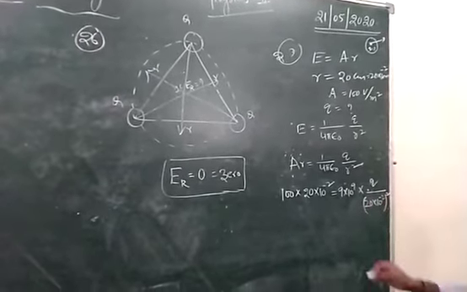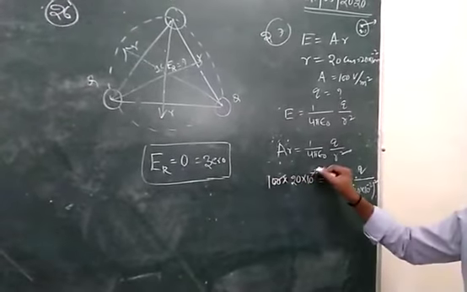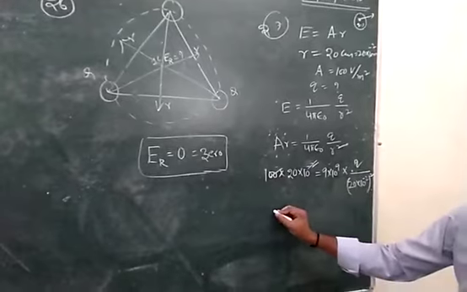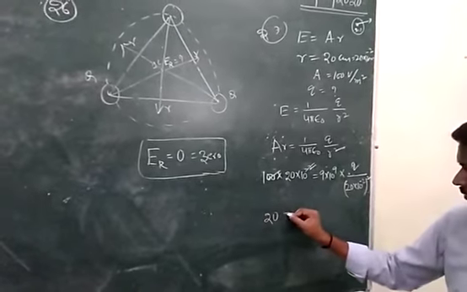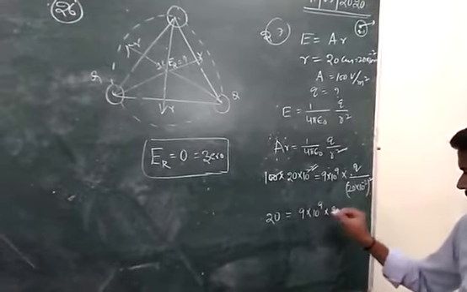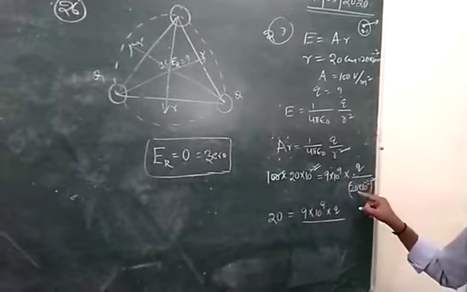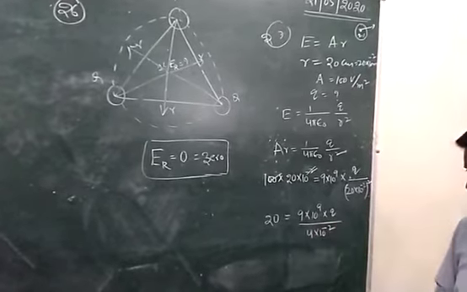Two zeros get cancelled, we get only 20. Then 20 is equal to 9 into 10 to the power of 9 into q divided by 4 into 10 to the power of minus 2.